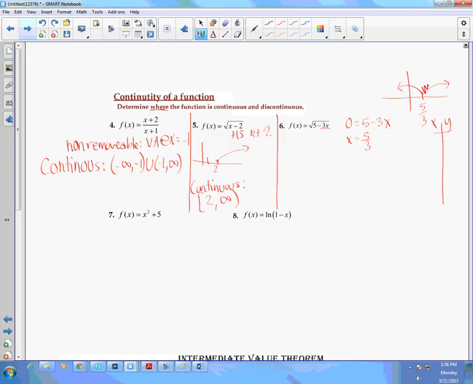So it's not this one. Okay, Kennedy, what would our continuous domain be? Parentheses. Bracket. Good.